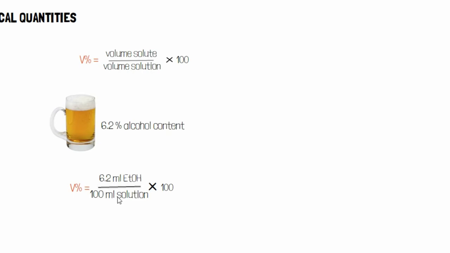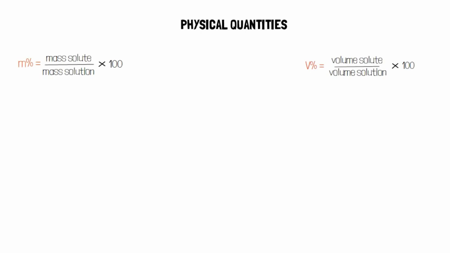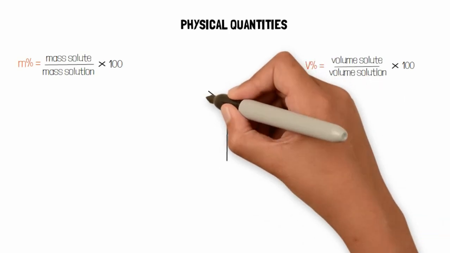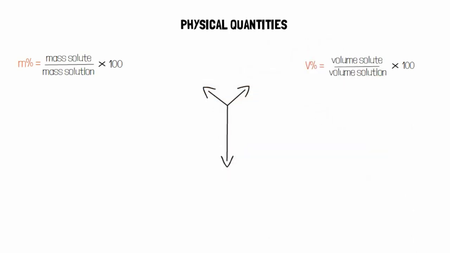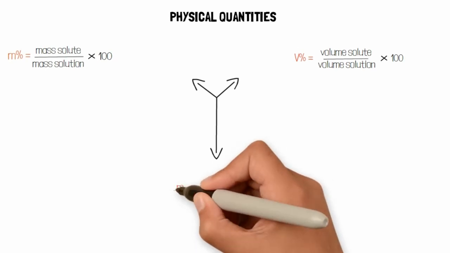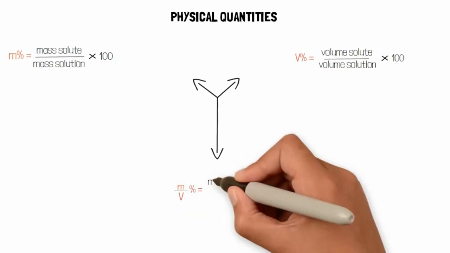Okay, in this case. So with physical quantities, we have two concentrations, the mass percent and the volume percent, and they are all expressed with mass and volume, which are physical quantities. Now, there is also another concentration, which is a mixture of both, and this is mass volume percent.